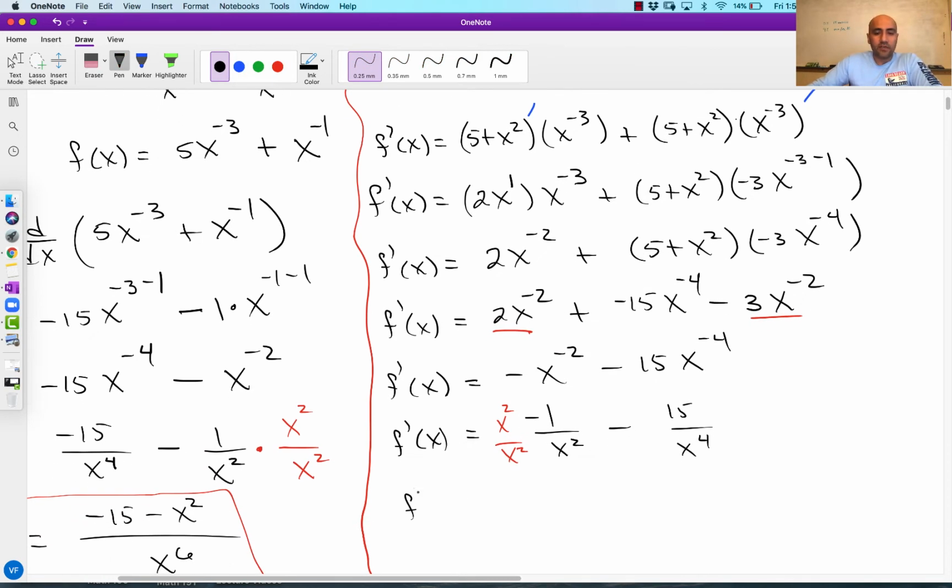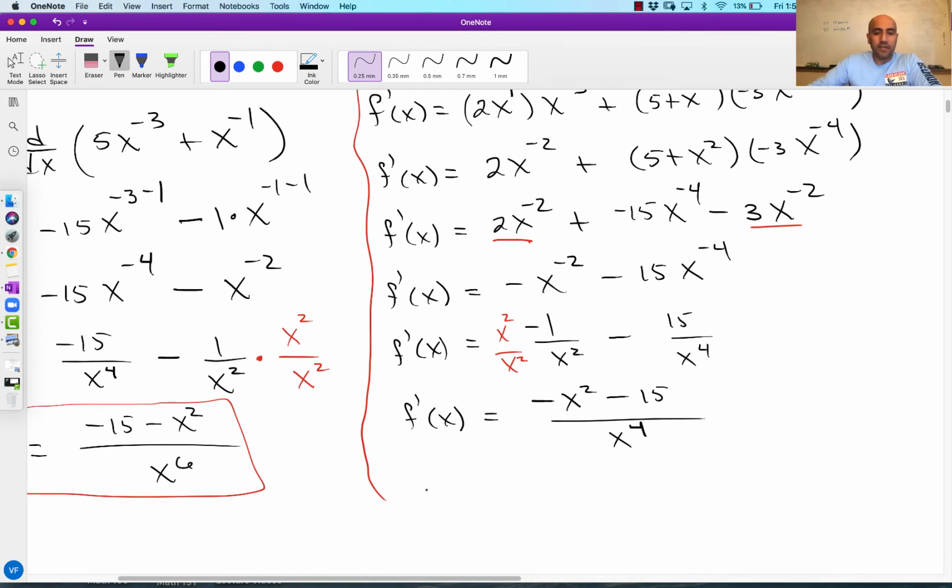So f prime of x becomes minus x squared minus 15 all over x to the 4th power. And if I just flip it around, it'll make it look exactly like its neighbor across the way. Just to make them look exactly the same, I could say that this is minus 15 minus x squared all over x to the 4th.